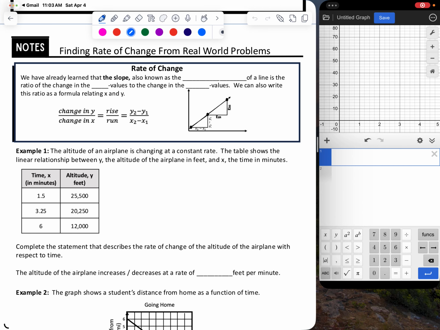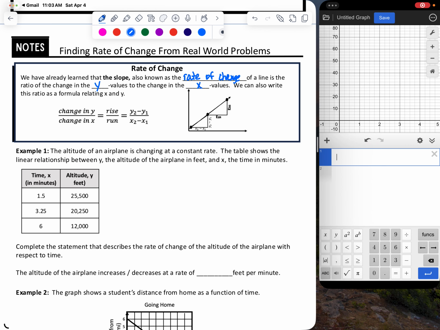In today's lesson, we will be exploring how to find the rate of change from real-world problems. Now, you have already learned that the slope, which is also known as the rate of change of a line, is the ratio of the change in the y values to the change in x values.